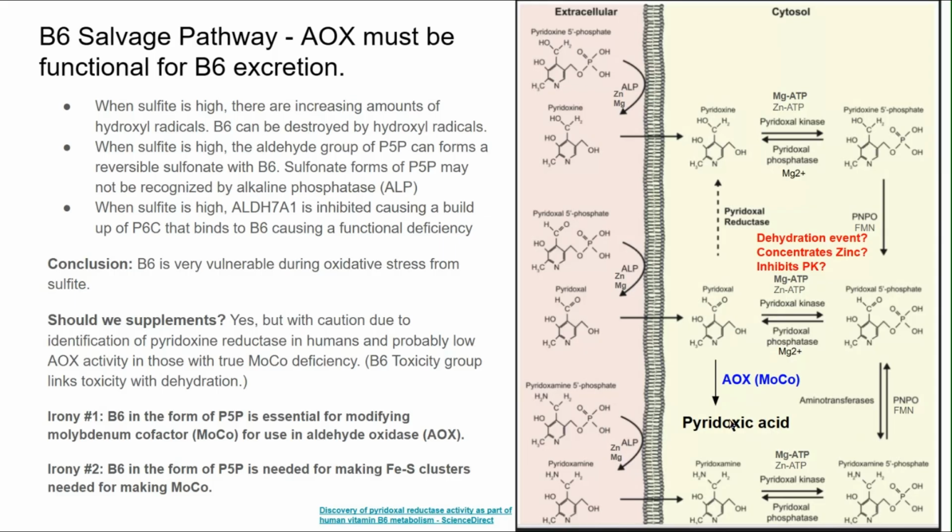But if you don't have enough Moco for aldehyde oxidase, then you're going to reduce this pyridoxal via pyridoxal reductase to pyridoxine. And the pyridoxine is what has been implicated in causing neuropathy. So it is possible to have this happen.